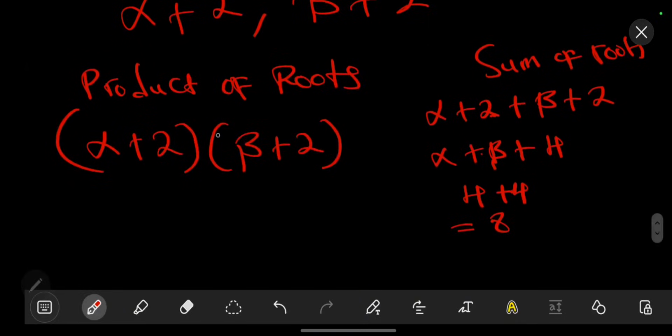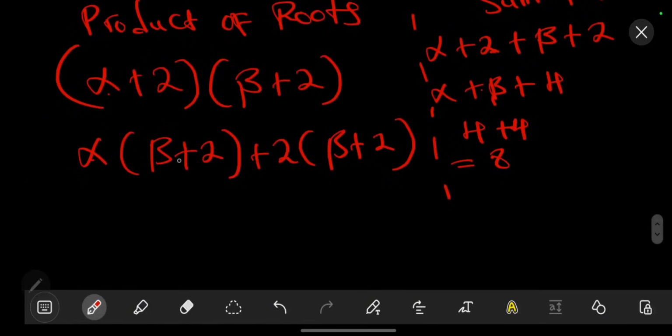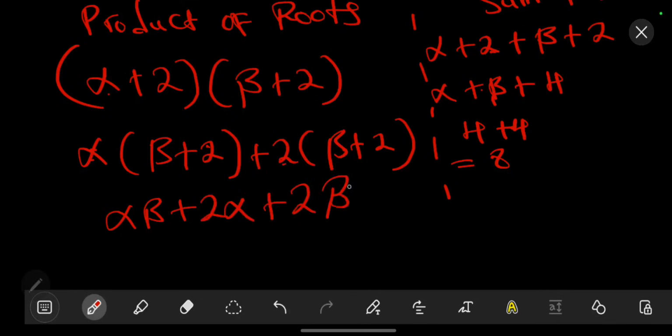The first one multiplies everything, then the second one also multiplies everything. So alpha by beta gives us alpha beta. Alpha by 2 gives us 2 alpha. 2 by beta gives us plus 2 beta. 2 by 2 gives us plus 4.